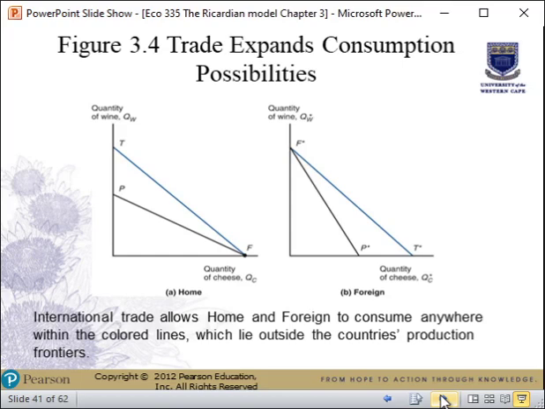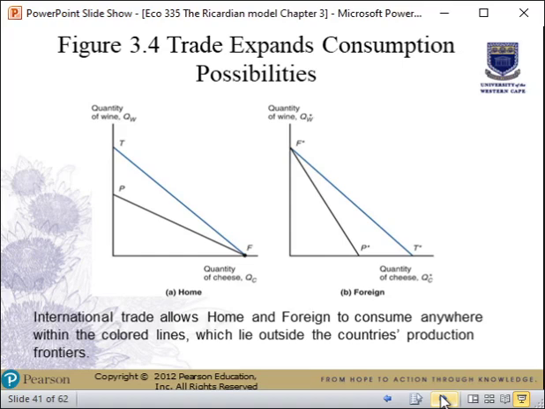However, with trade and complete specialization, production will be at point F and F star in the home and foreign countries respectively, but the consumption possibility changes. The new consumption possibilities are illustrated by the line FT and F star T star curves for home and foreign nation.